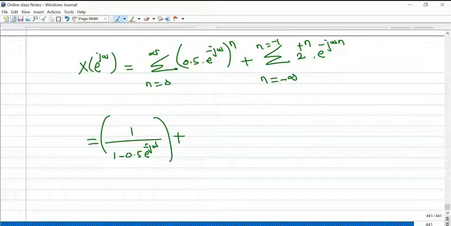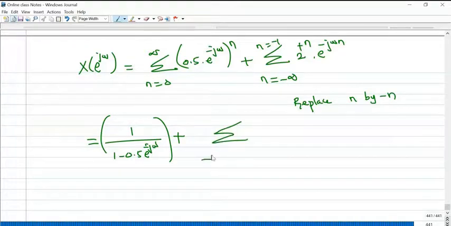From minus infinity to minus 1. So for the second term, replace n by minus n. Minus n equal to minus infinity; the term becomes 2 power minus n e power j omega n, right?